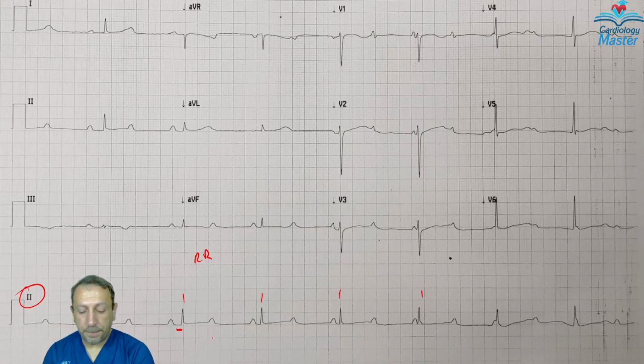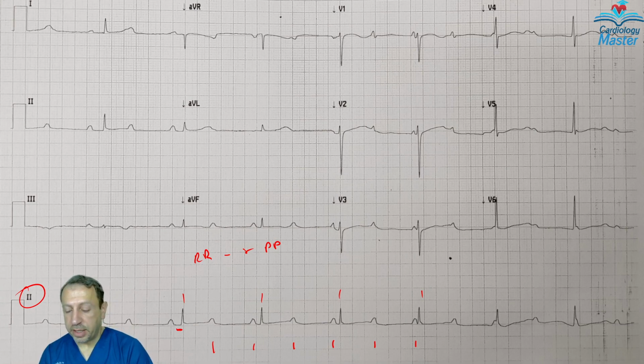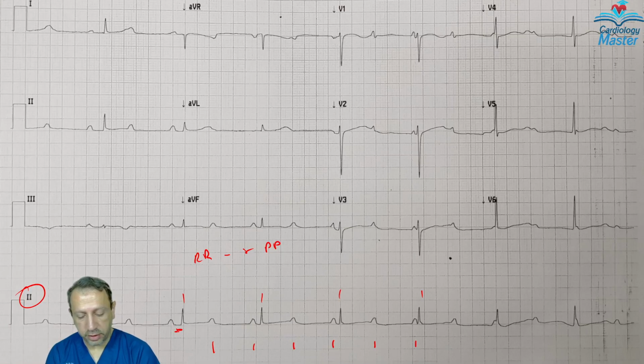Let's look at the PP. The PP intervals are also constant. So the RR interval and PP interval are constant. But what varies here is the PR interval. You can notice here that this is the PR interval.